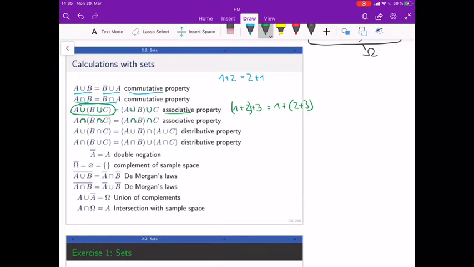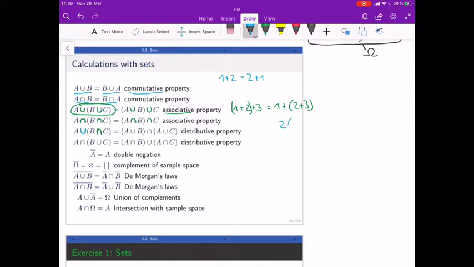The interesting ones start when we mix intersection and union. So we've got union here and intersection there, and this is called distributive property because we can distribute the symbol out. So you probably know this from numbers.